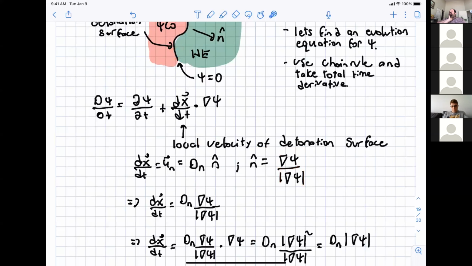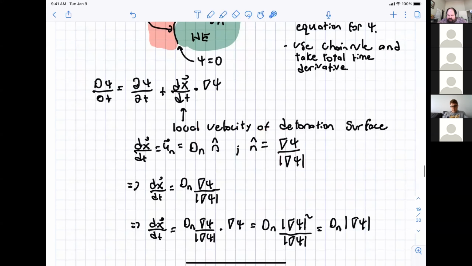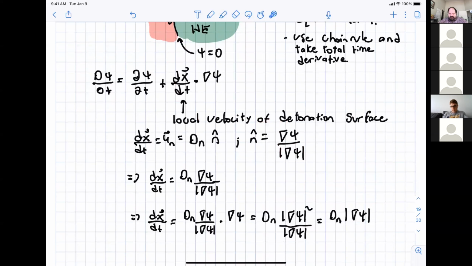I think that probably harkens back to Calc 1 or Calc 3, I can't remember which. So just treat this as a definition if you are unfamiliar with it. If you work with propellants, multi-phase flows, or even immersed boundary methods for gas dynamics, you will be dealing with this sort of equation quite a bit.